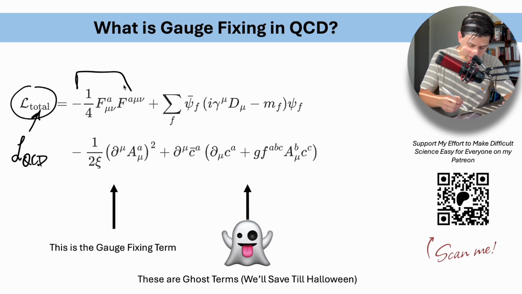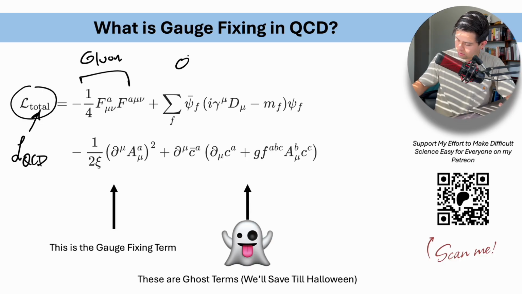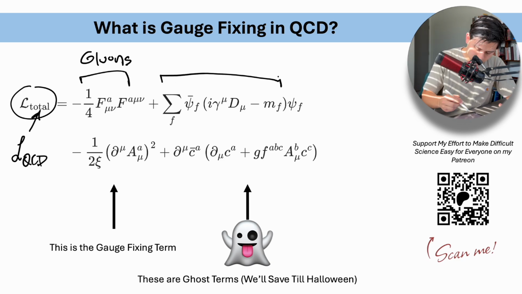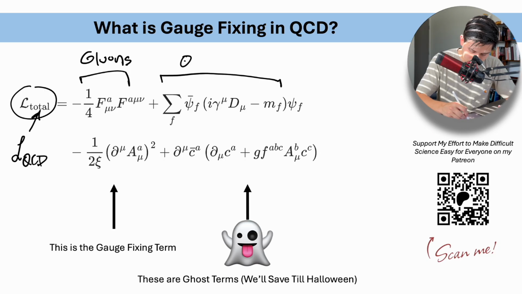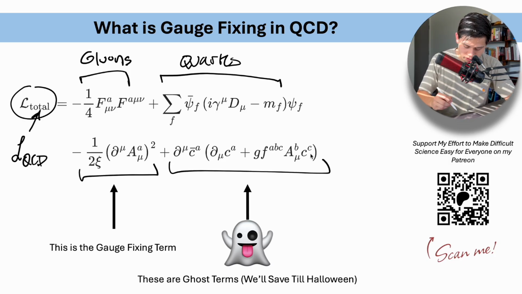This term here is the gluons. This term here, maybe I'll go like this, is the quarks. And then this term here is going to be the gauge fixing term. We're going to talk about this today. This term here are ghost terms.